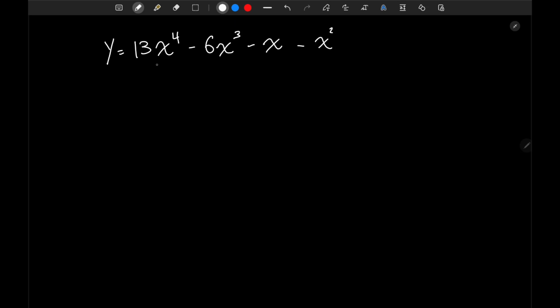Y is equal to 13 x to the 4 minus 6x cubed minus x squared. Let's take the derivative of this.